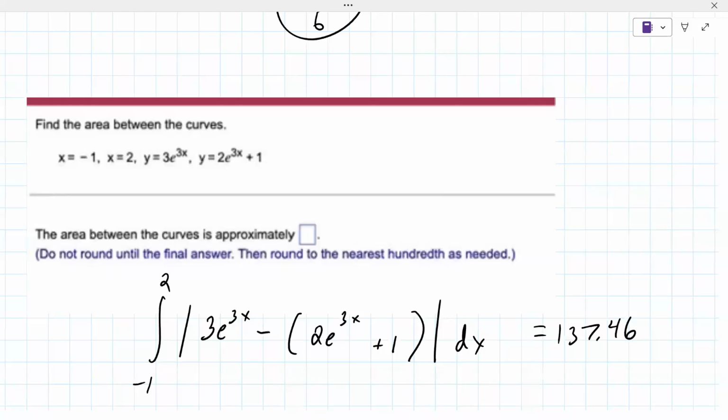Let me find another tool, I guess. We'll let that settle the debate. -1 to 2.